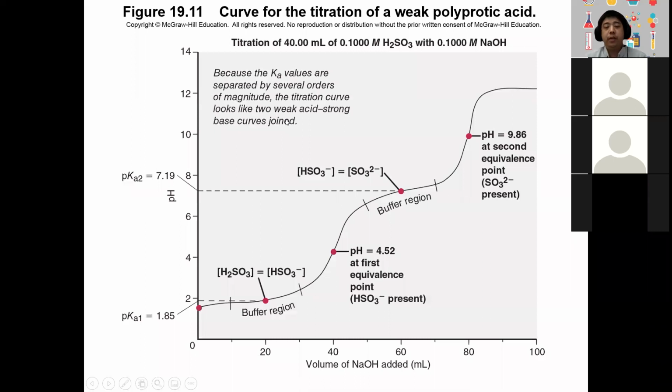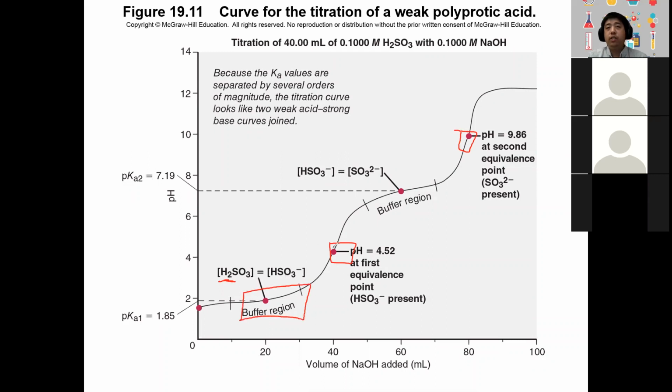So another example we can look at is the titration of a polyprotic acid. Usually it's a weak polyprotic acid. So you have different steps, like H2SO3, H3PO4, things like that. It has multiple equivalence points. In this case, because there are 2 protons here, we're looking at each H. This is the first H. It has a buffer region as well.